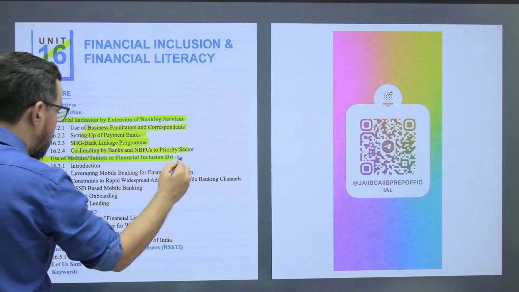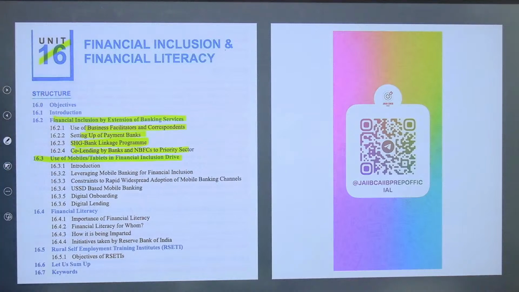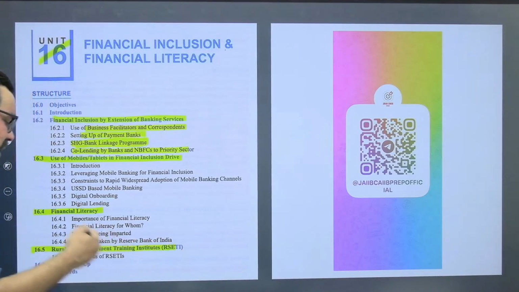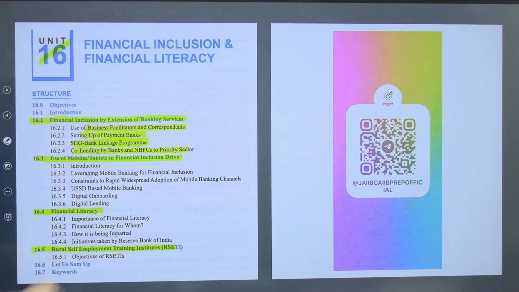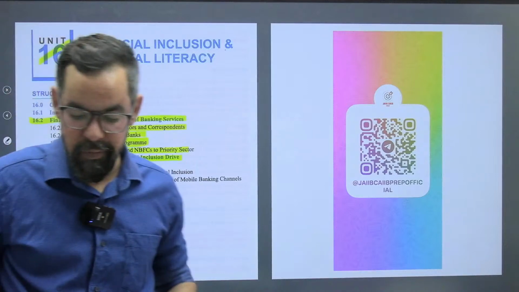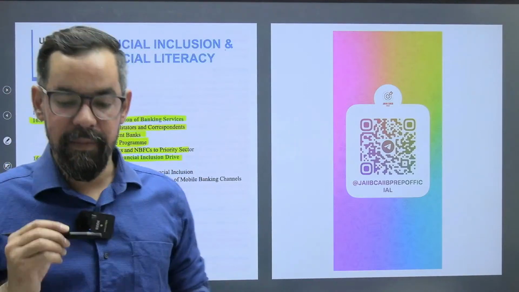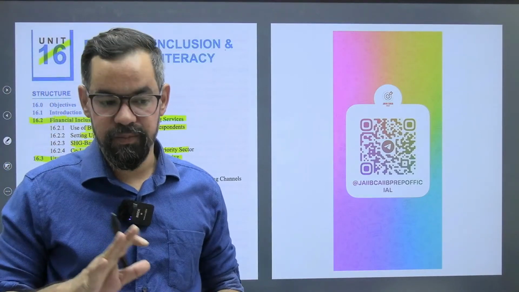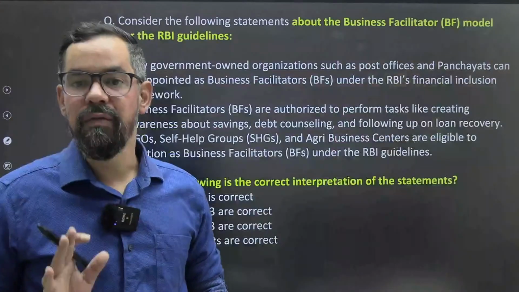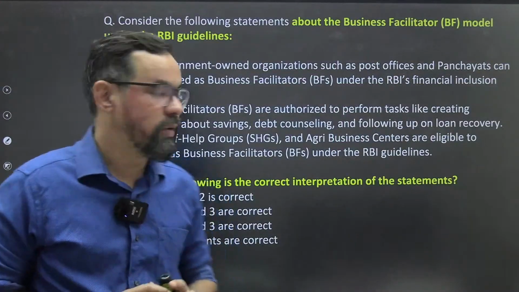Then we have mobile or tablet in financial inclusion drive, financial literacy, and rural self-employment training institutes. So these are the four subtopics which are generally part of this particular unit. So with the help of a number of MCQs, application-based questions, and case studies, we are going to discuss this particular unit, right?